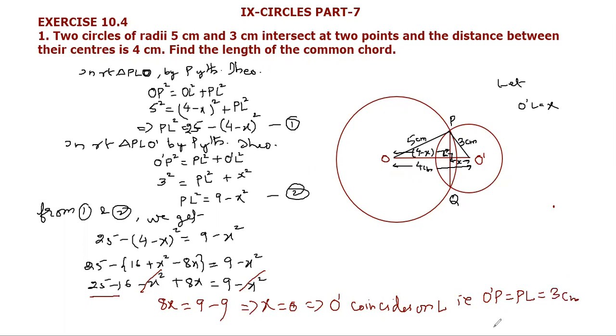So PL is 3 centimeter, therefore PQ is equal to double of PL, because the perpendicular from the center on the chord bisects the chord. So 2 PL, 2 into 3 is equal to 6 centimeters is the length of the common chord.